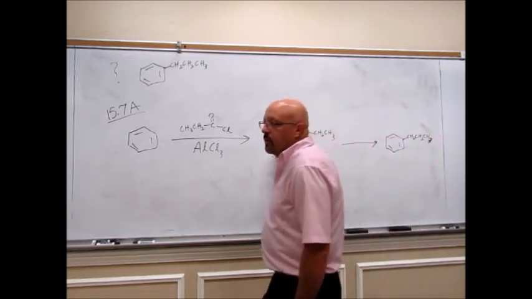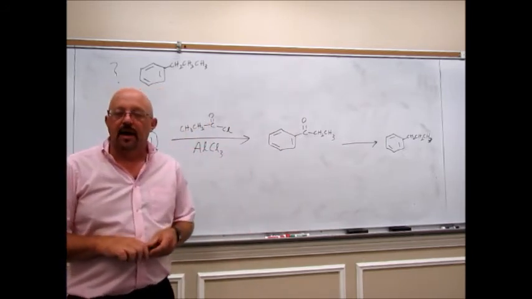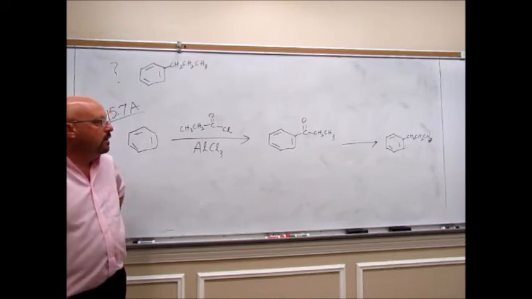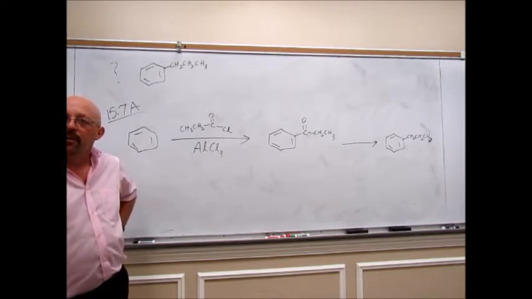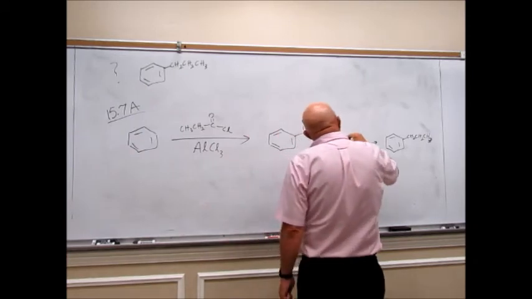What kind of reaction would this be? I'll give you the reagents in a moment, but just first, tell me what kind of reaction that is. Taking that carbonyl to a CH2. That's a reduction. So we need to do some kind of reduction here.